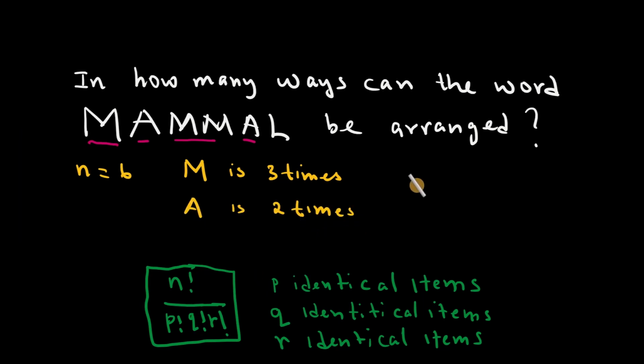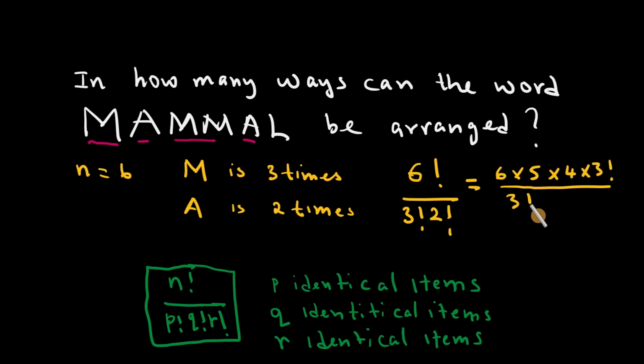Applying this formula, we have 6 factorial all over 3 factorial, which is the number of times M has been repeated, times 2 factorial, which is the number of times A has been repeated. That is equal to 6 times 5 times 4 times 3 factorial all over 3 factorial times 2 factorial, which is 2 times 1. That is the same as 6 times 5 times 4 all over 2 times 1.